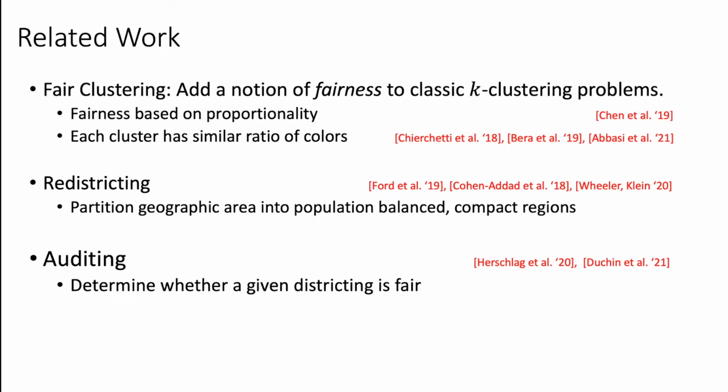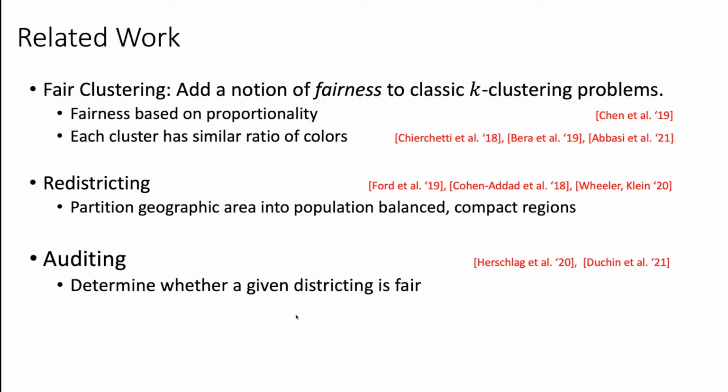The next thing people have considered is auditing. I mean, given a map that people actually draw, how do you argue in front of a court that this map is fair, or why is it unfair? And this also has received a lot of attention recently. There have been people in statistics and social choice who have worked on various notions of how to audit a map.